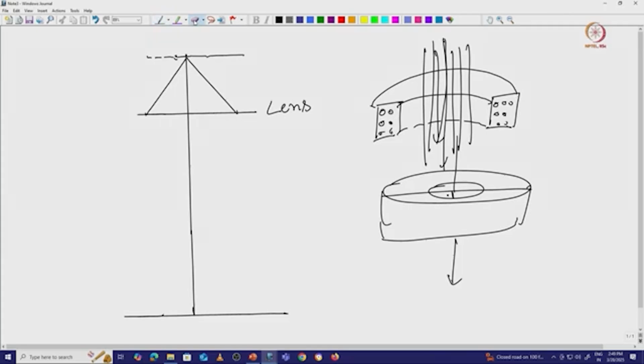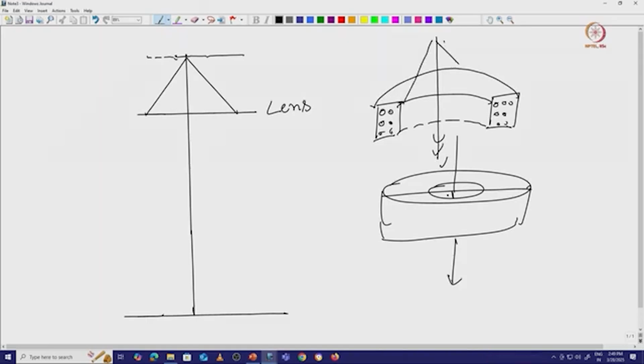But if this is the optical axis, and the rays deviate and go towards the edge of the lens, whatever electrons go towards the edge will face a different kind of magnetic field if the magnets are not perfect. And that is called the spherical aberration.